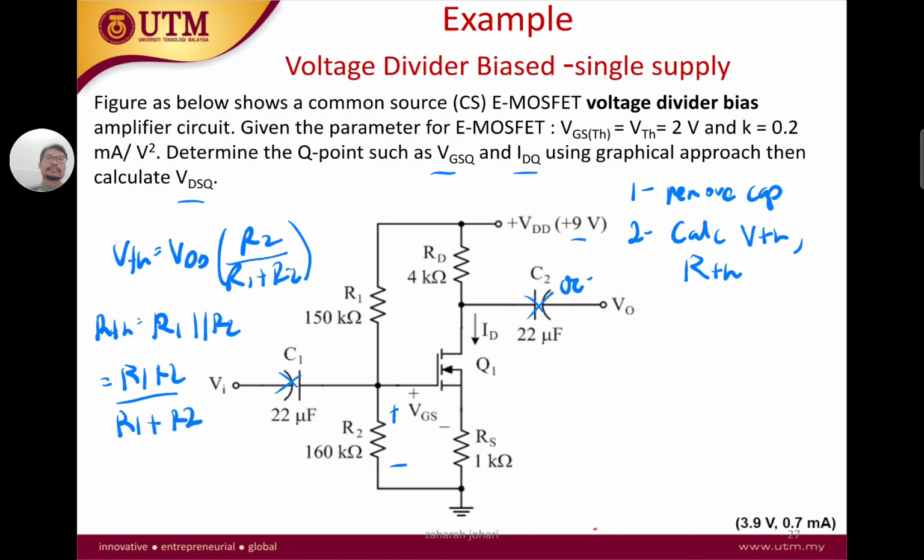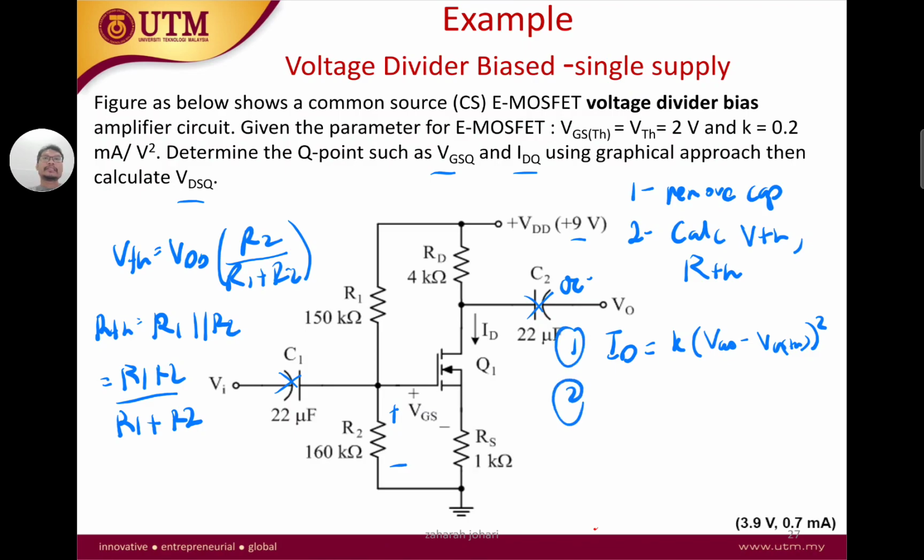Once we have our VThevenin and RThevenin, we convert this into a fixed bias, and after that we do a normal fixed bias circuit analysis where we derive the three equations. If you remember, the first equation is the ID-VGS characteristic: ID equals K times (VGS minus VTH) squared.